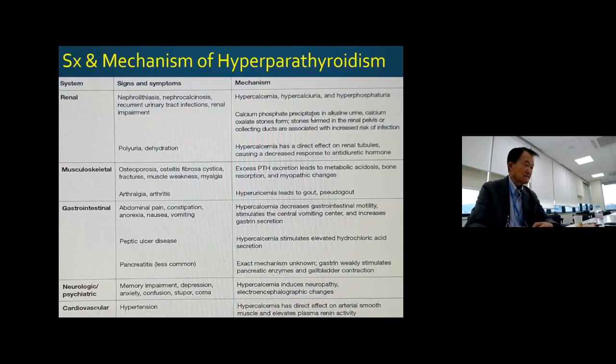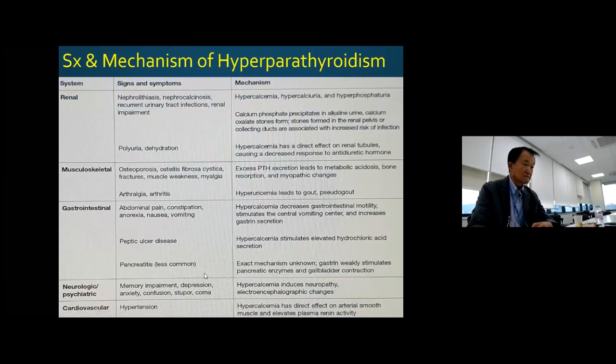Symptoms or mechanism, but as I said earlier, this hypercalcemia or hyperparathyroidism affects all our major organ systems: GI system, musculoskeletal, renal system, even neuropsychiatric, cardiovascular.